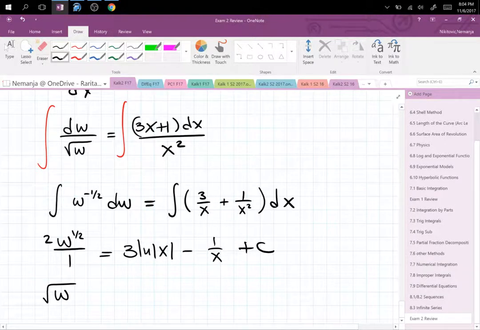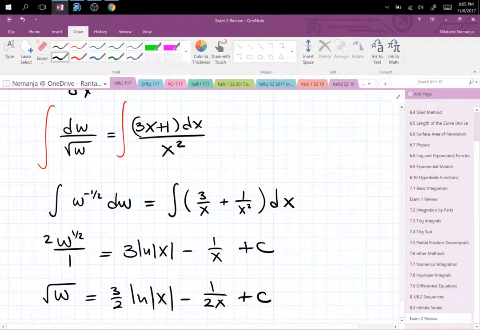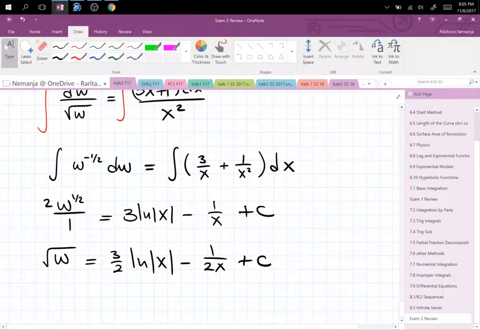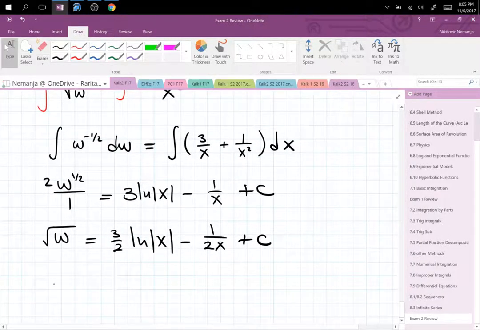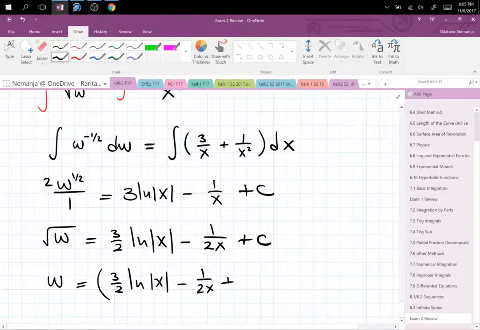So square root of w is equal to 3/2 ln x minus 1 over 2x plus c. That divide by 2 would absorb into c. And then you have to square everything to get w alone. Now you don't get to square it out, you just leave it as everything squared.